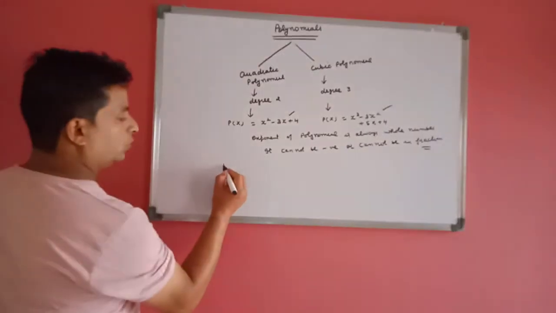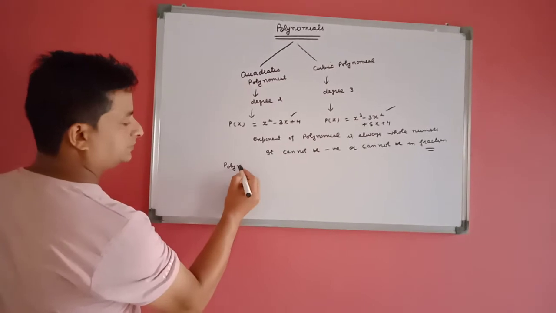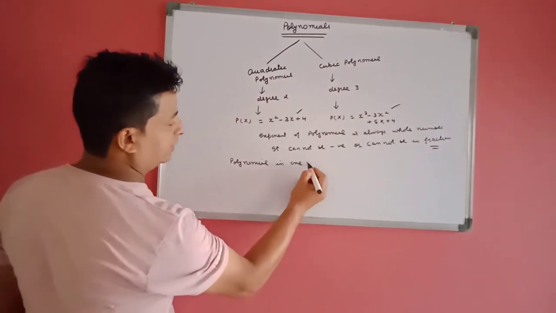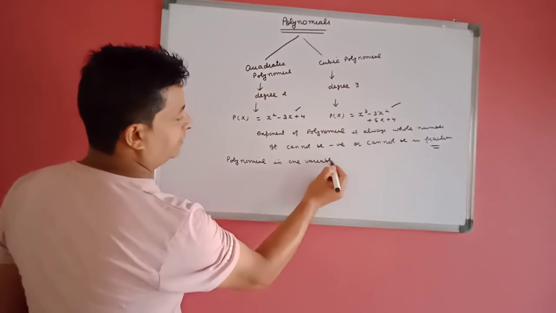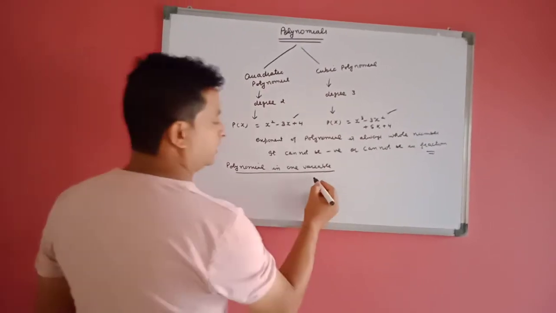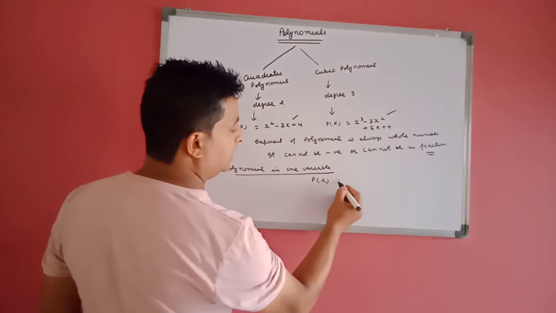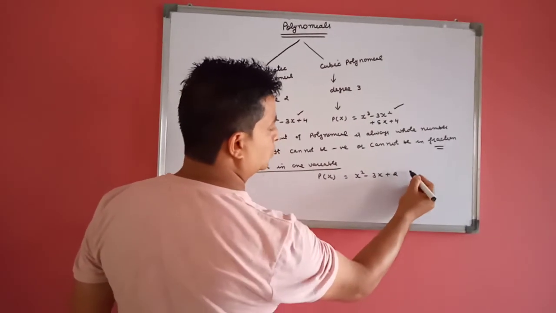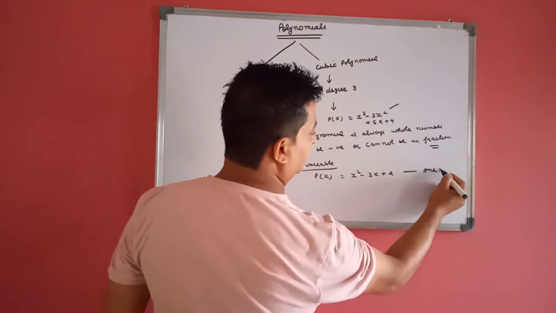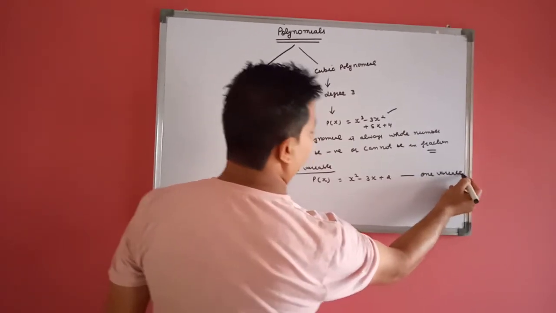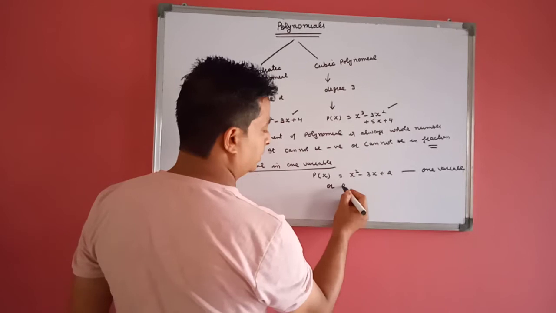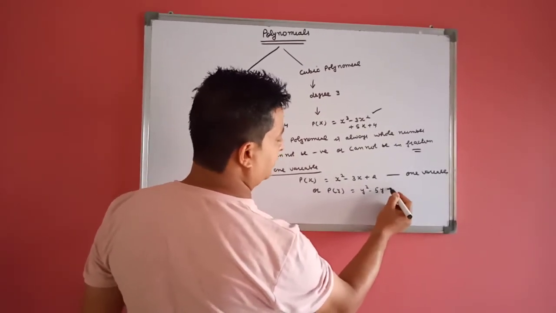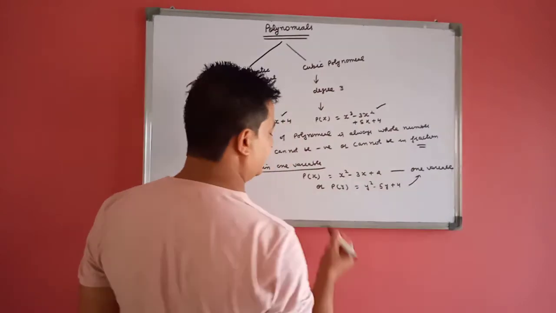After this, polynomials in one variable. One variable means the equation has only x. For example, x square minus 3x plus 2 is a polynomial in one variable, or p(y) equals y square plus 5y plus 4 is also one variable.